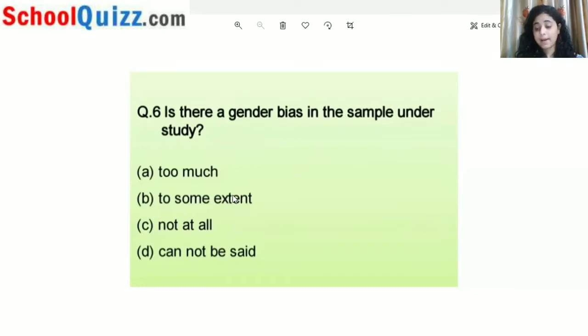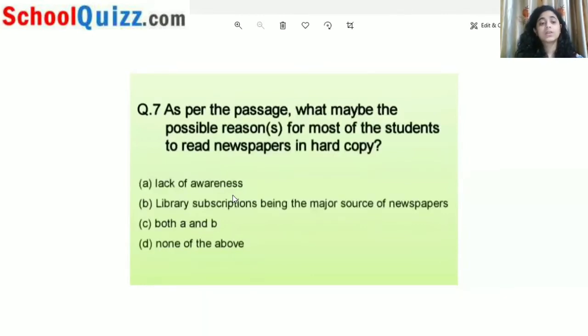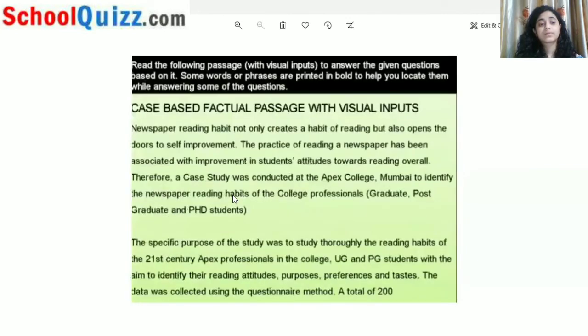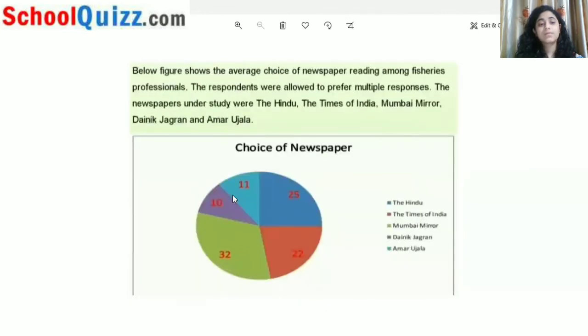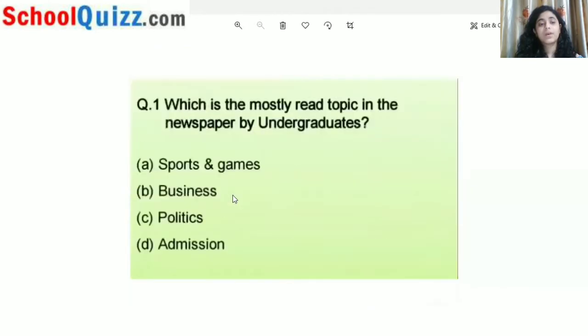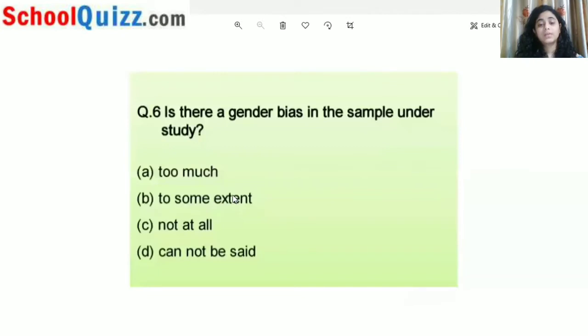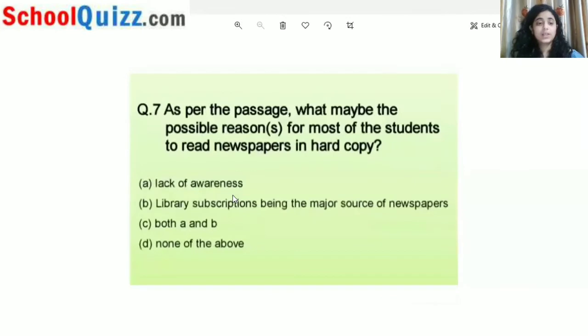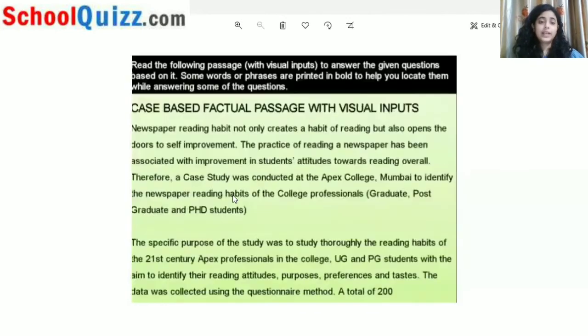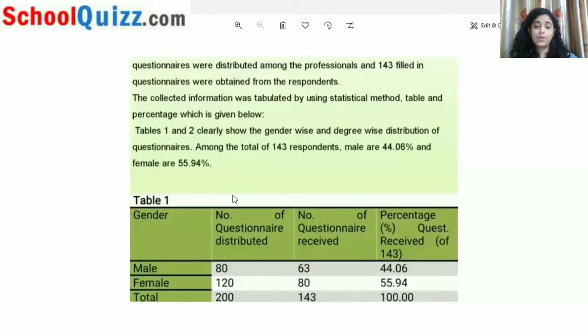So this is your passage. We are done with your passage. We have solved some questionnaires, not every questionnaire, right? I hope you are clear with it. You can see the passage once and take a screenshot if you want. This is the first page. This is the second one.